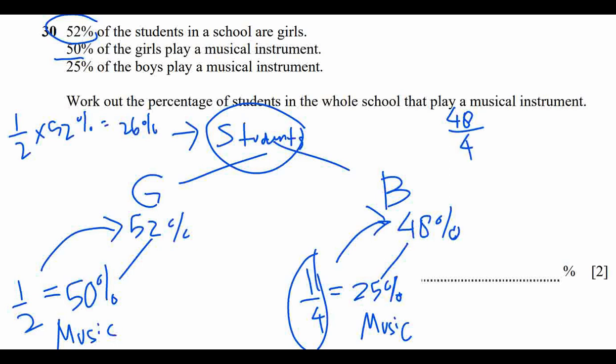Now 48 divided by 4 is 12%, so it means 12% of the students from the boys group play music.